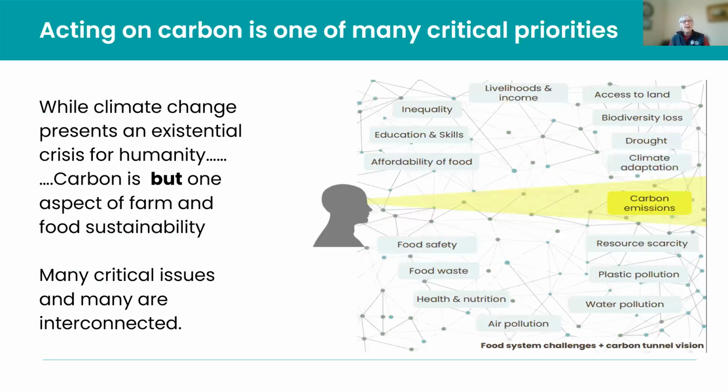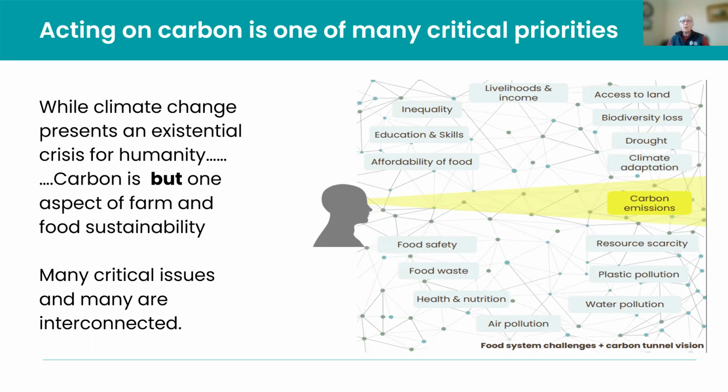So I'm putting this slide up. I'm not going to dwell on it for very long, because I think sometimes we're in danger of having carbon tunnel vision. Climate change is an existential crisis for humanity, but carbon is only one aspect of food and farming, food sustainability. And I've just linked here all the ways in which all these things are linked together.